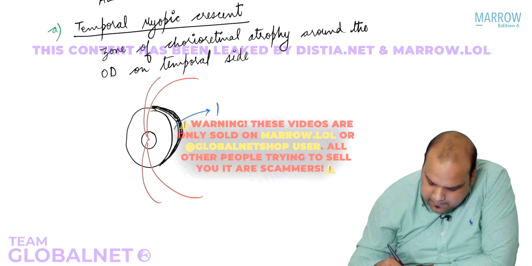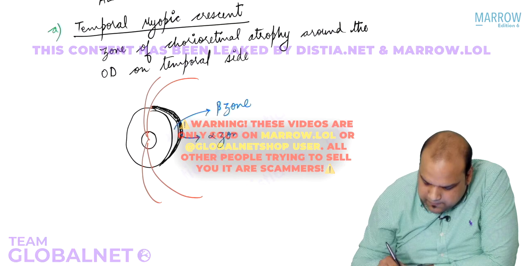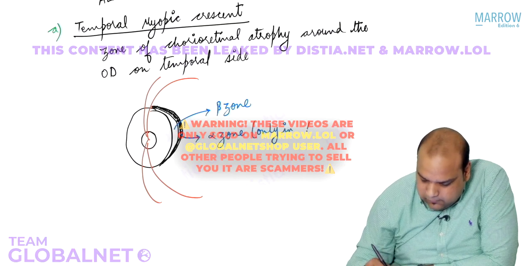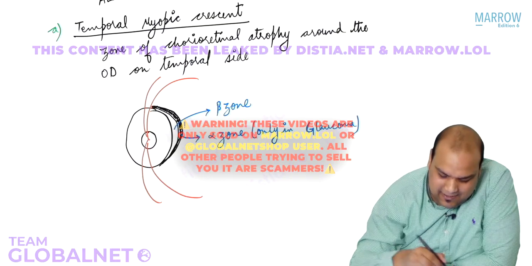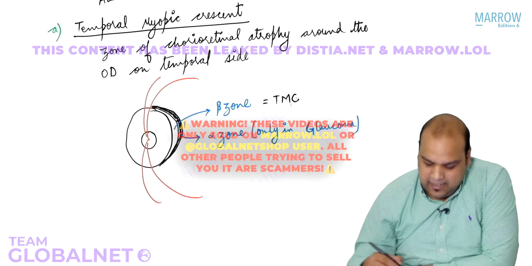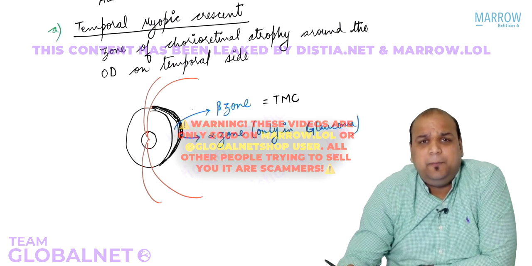This is my beta zone. This is my alpha zone. Alpha zone is only in glaucoma. Beta zone I had written also seen in myopia. So beta zone is equal to temporal myopic crescent. Can you see a white shaped moon, everybody? Yes or no? And that is temporal myopic crescent.